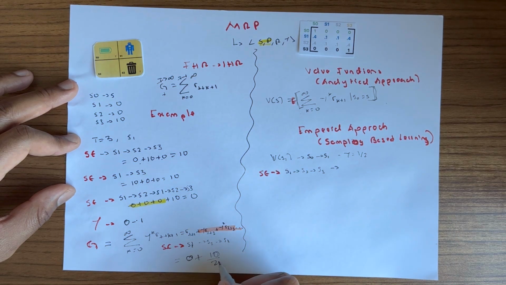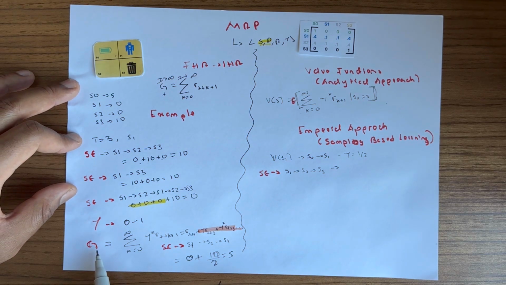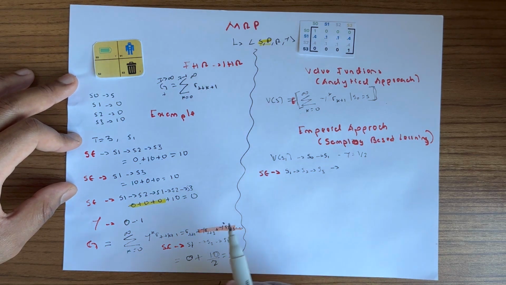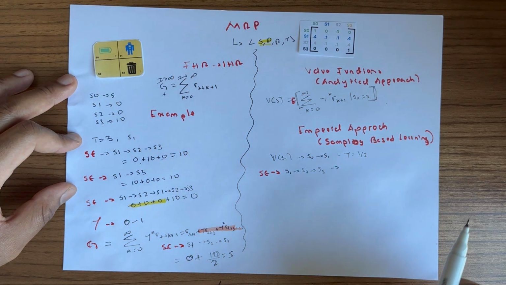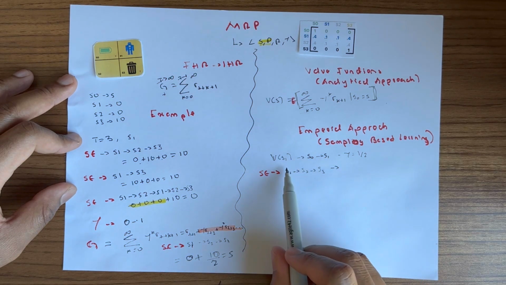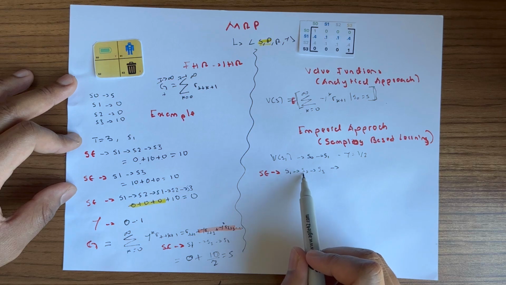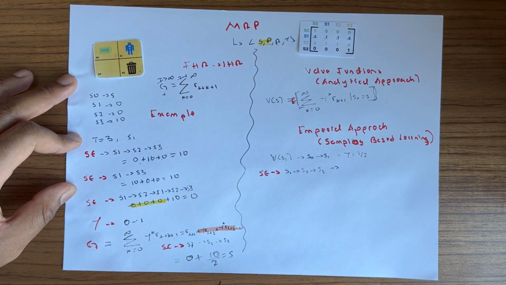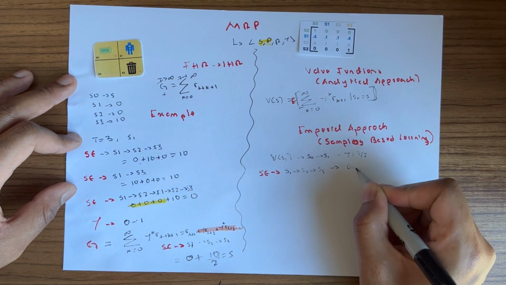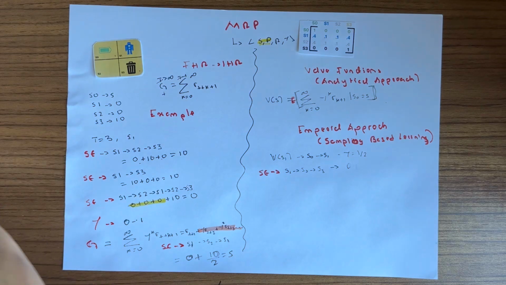So 10 times 1 over 2 times 1 over 2 is going to be 2.5. Using this return formula, this is what we have gotten for this sample episode. I am really just giving an example here. From S1 to S2 to S3, S2 is 0, S3. Okay, we have a problem here.